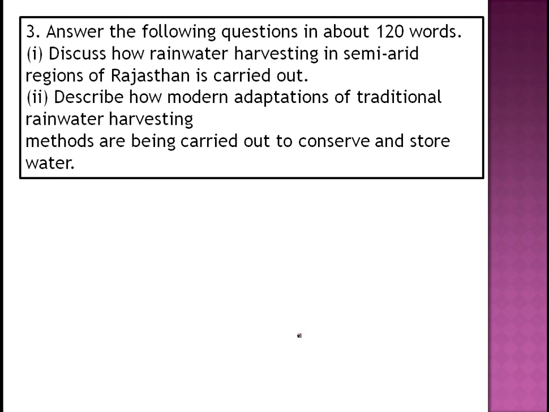Describe how modern adaptations of the traditional rainwater harvesting methods are being carried out to conserve and store water. So read the question properly. Try to frame your answer. If you are facing any doubt or difficulty, please inform me, and after that we are going to discuss it. Don't try to copy the answers from any guide or any refresher. Please read the question, then you will clearly understand what the question is asking you.